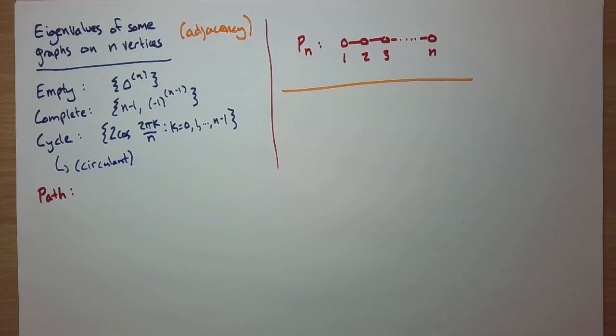But we're in the adjacency matrix. We talked about the idea of the adjacency operator, which is to say that when we think of a vector, it's just assigning values to the vertices. And when we apply the matrix multiplication by A, that's the adjacency operator, you add the neighbors.